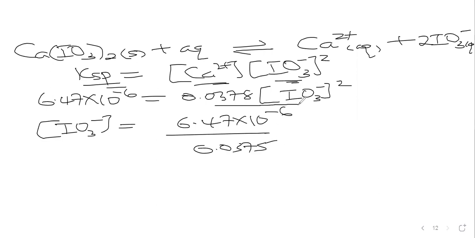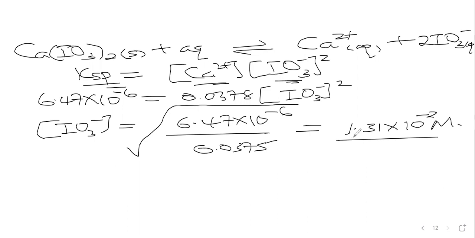Don't forget that the iodate ion was squared, so here we are getting the square root. Be convinced that your answer will be 1.31 times 10 power negative, I think it's negative 2, capital M. That will be your answer.